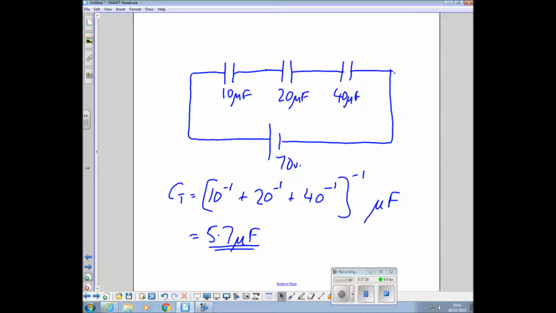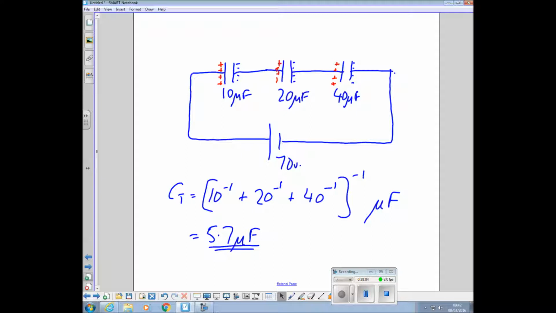Remember what I did on the previous page with charges. Despite these being different values, we still get 4 pluses on each of the positive plates, and therefore still 4 minuses on each of the negative plates.